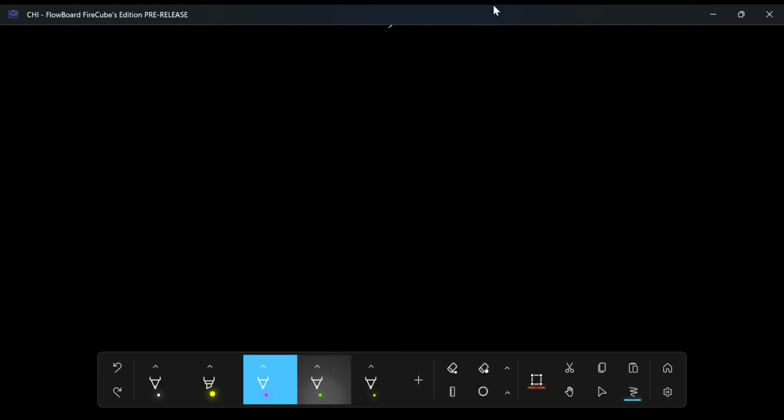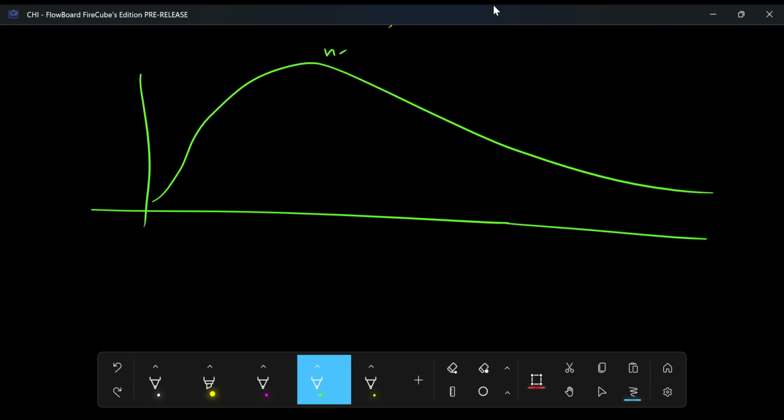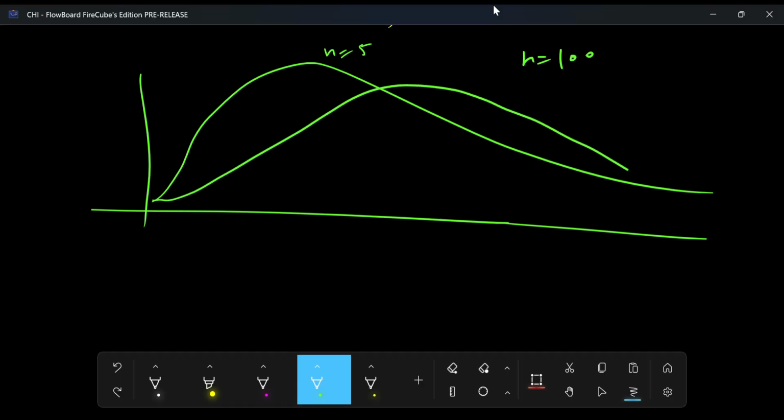See, as you know, this is the graph, and suppose this is for n equal to 5, and if I increase to n equal to 100, the graph will be like this. What is this? This is somehow a normal curve, that's mesokurtic, that's a normal curve, that's symmetric.